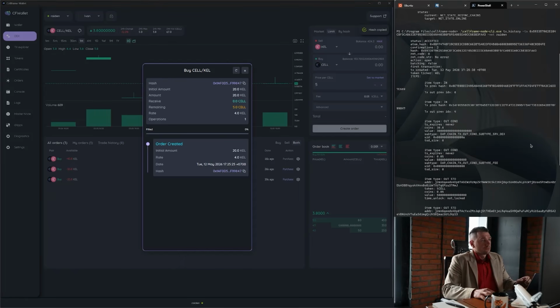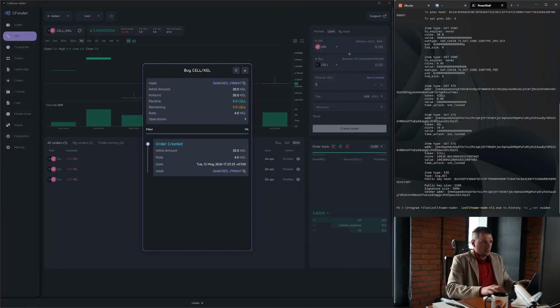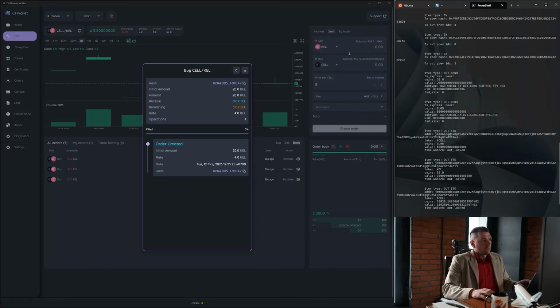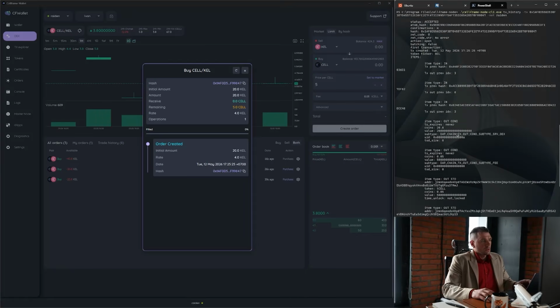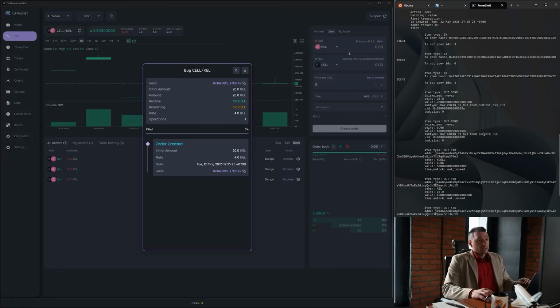So let's check this one. Here we see that 20.0 value is locked in the output, but a regular transaction dump doesn't decode the full service-specific structure. It only shows the hints, the subtype, and the unique ID.